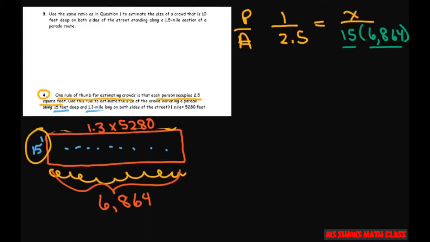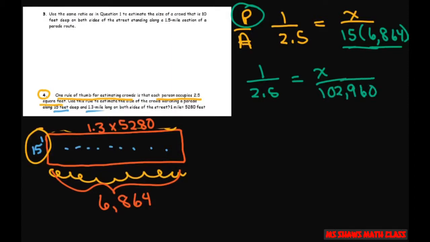Now, when you multiply this, 1 is to 2.5 as x, and x is going to be our people here, is to 102,960.